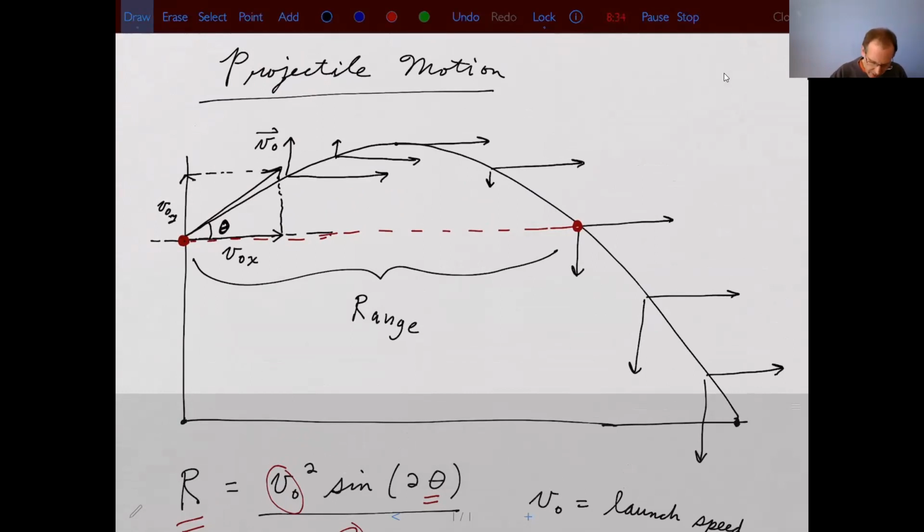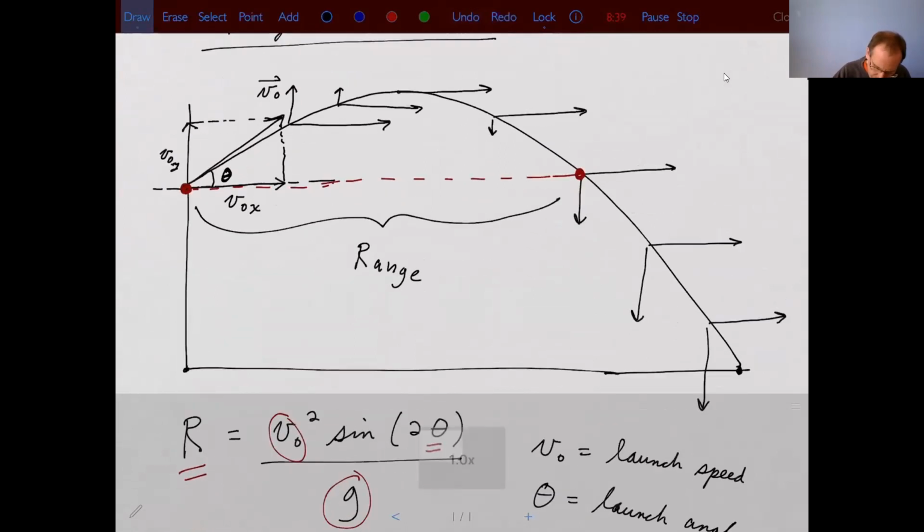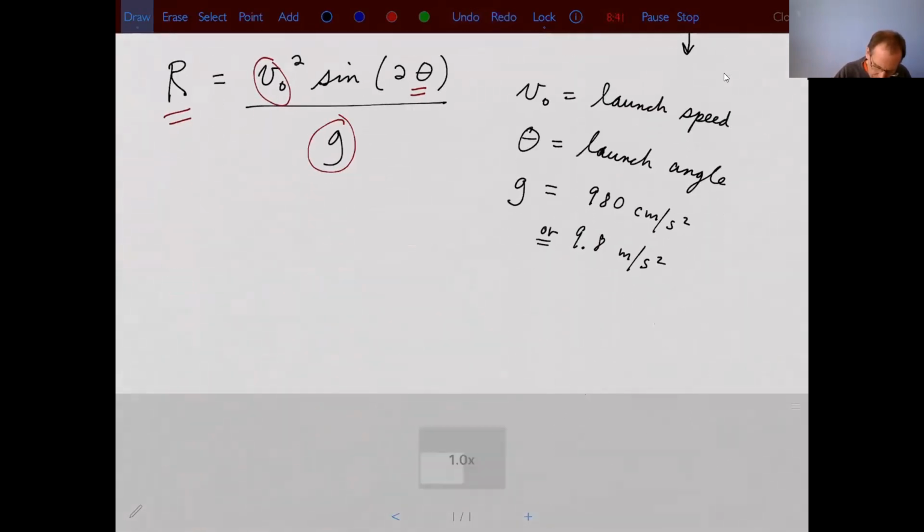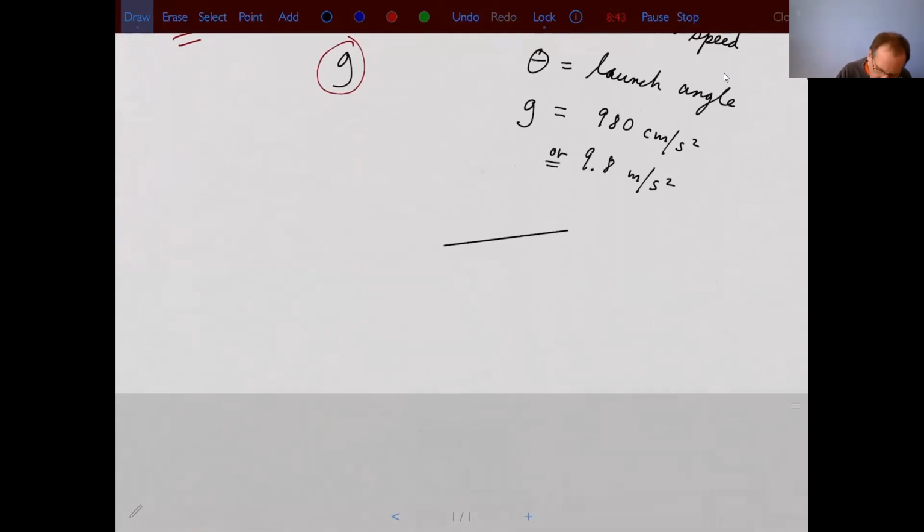So here, I'll come back down. Let me blow up that little piece.